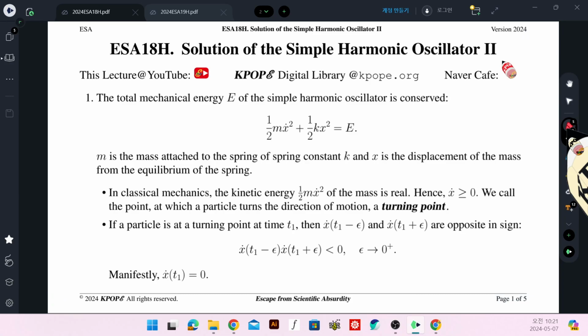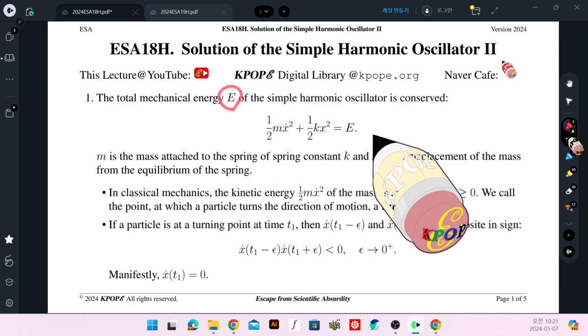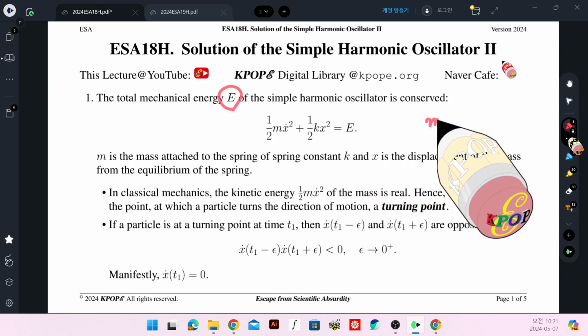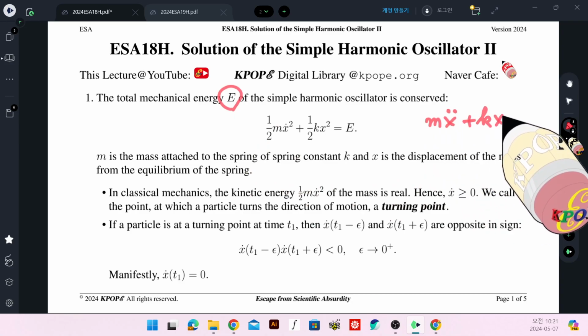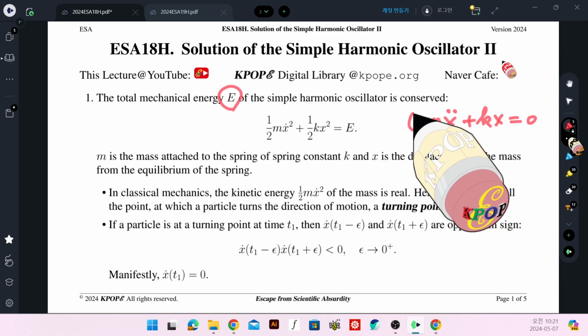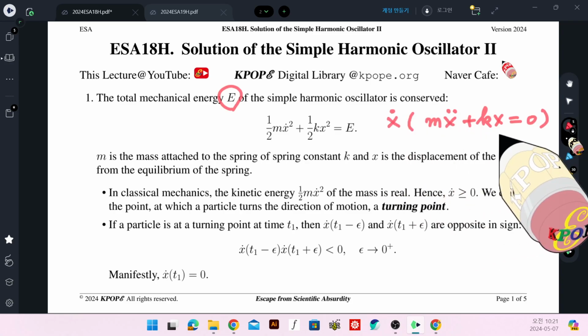Today we study ESA18H, a solution of the simple harmonic oscillator 2. The total mechanical energy E of the simple harmonic oscillator is conserved because the equation of motion can be multiplied by the velocity to compute the equation of power.